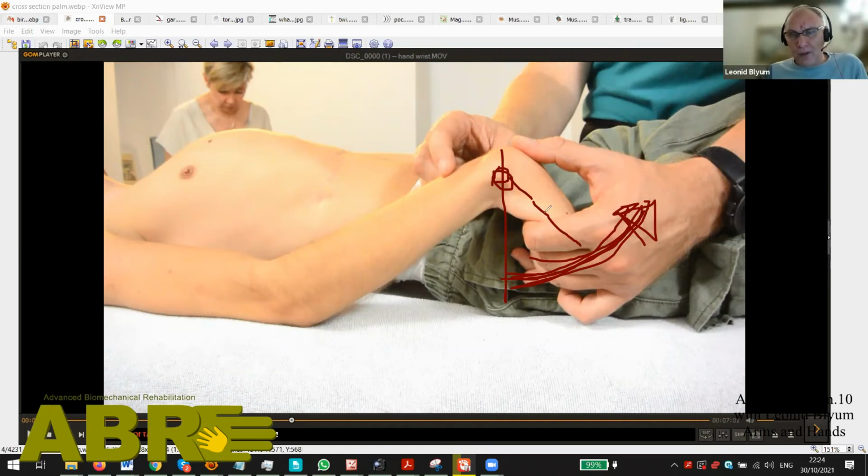When I do this, is this the easiest movement or is it the most difficult movement? The answer, of course, is that it's the most difficult movement. To test the opening, the extension of the wrist like this via this grip is the most difficult.